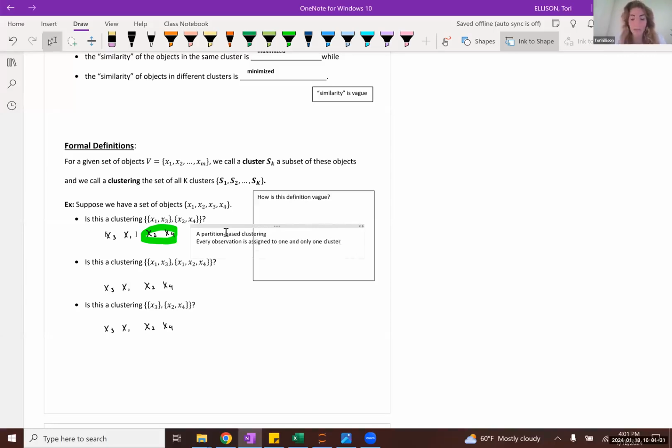When we talk about k-means in this unit, we'll see that k-means is what we call a partition-based clustering. So every observation gets assigned to one and only one cluster.